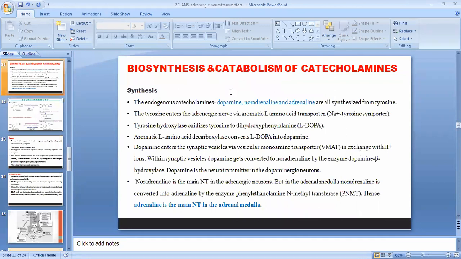Now, a very important point: what are catecholamines? Catecholamines means dopamine, epinephrine and norepinephrine. How are they synthesized in our body? The endogenous catecholamines, that is dopamine, noradrenaline, and adrenaline, are synthesized from tyrosine.